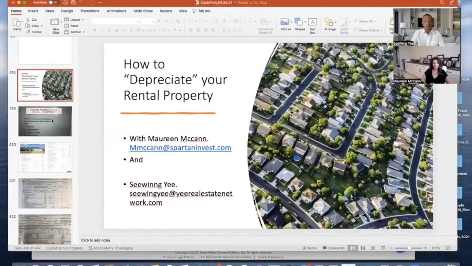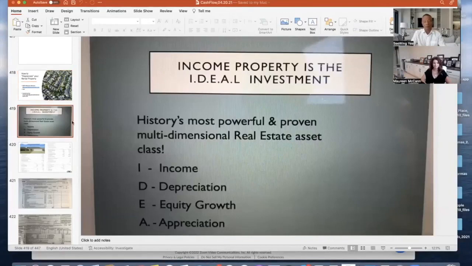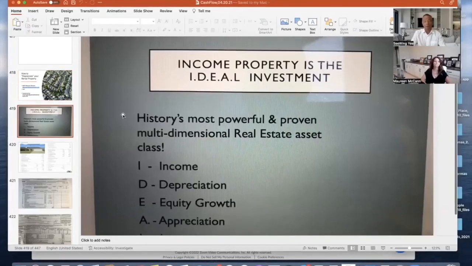Before we dive into the topic, I'm going to start off by talking to you, real estate investors out there. Rental property is history's most powerful and proven, most attractive, multi-dimensional, tax-favored asset class in history.